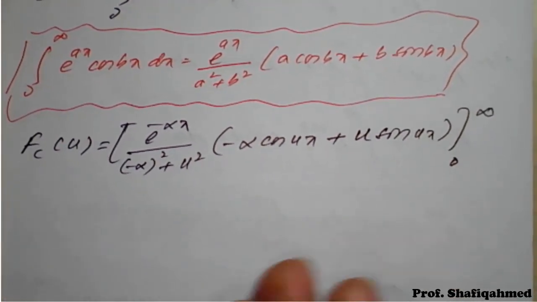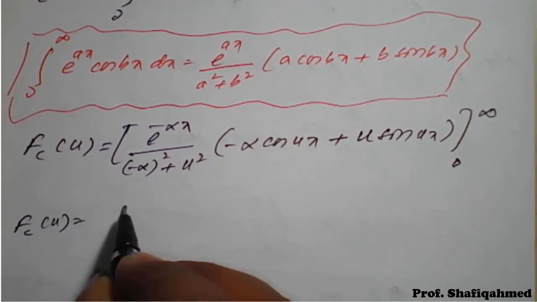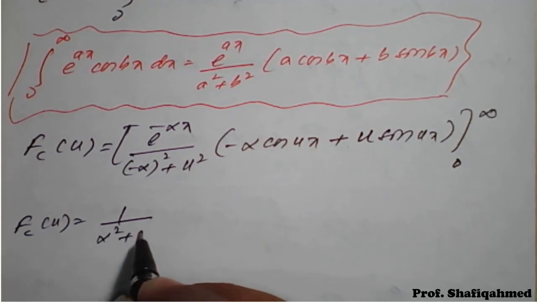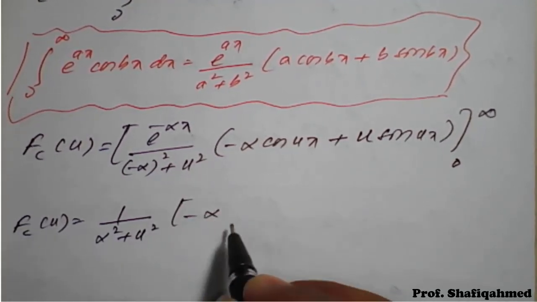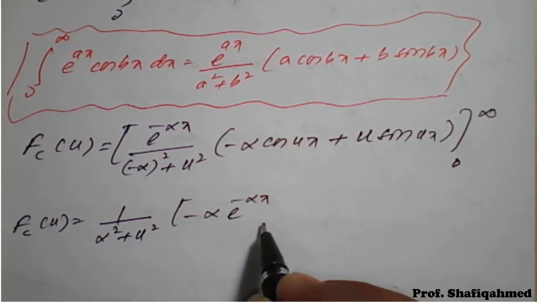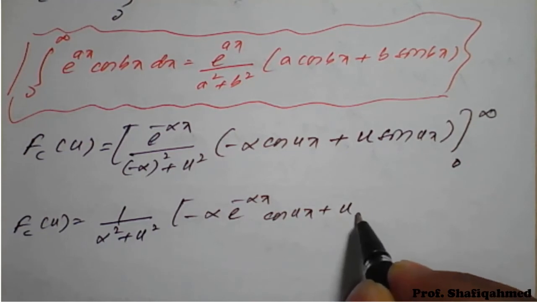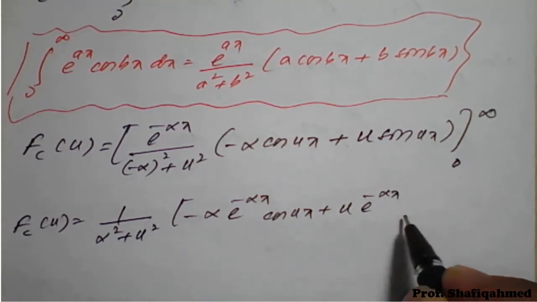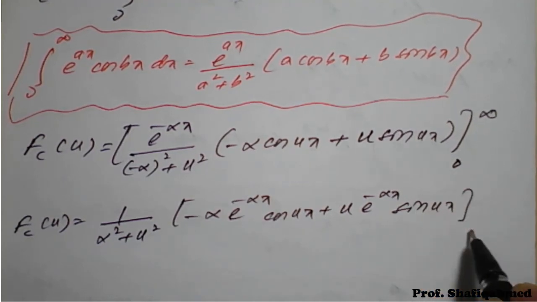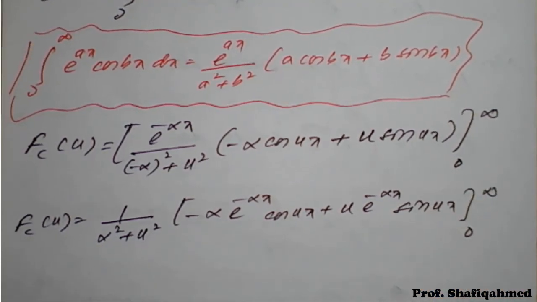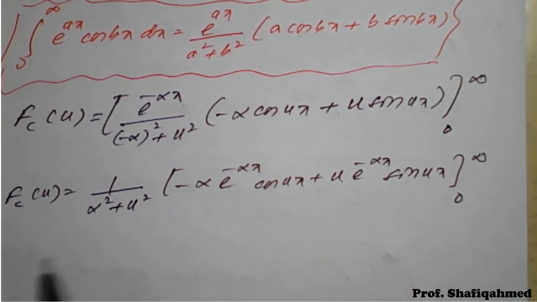So for the rearrangement, we keep the constant outside. The constants are 1 upon alpha square plus u square into minus alpha e raised to minus alpha x cos ux plus u into e raised to minus alpha x into sine of ux, limit from 0 to infinity. If you apply the upper limit, both the terms will vanish.